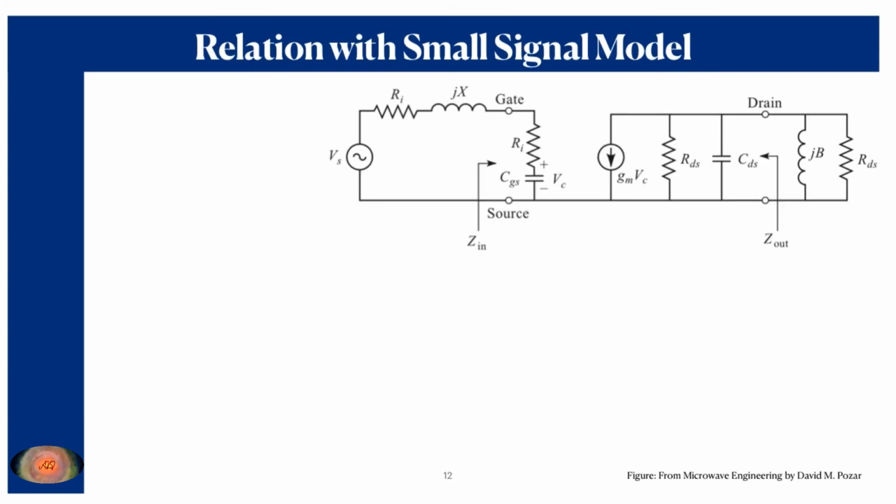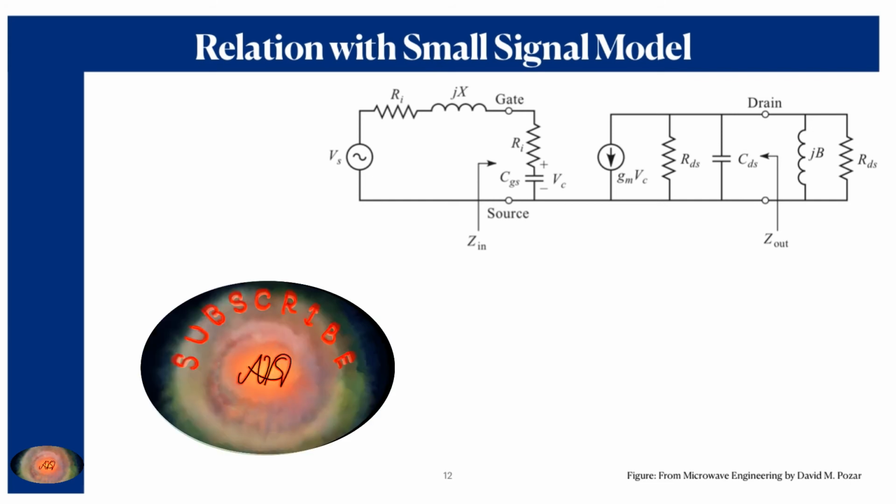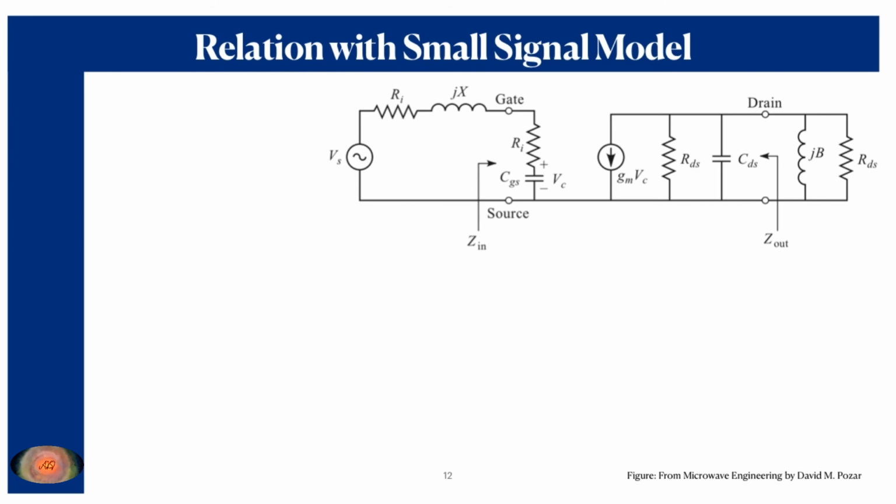Although the overall transducer gain of the amplifier was derived on the basis of the elements of the S matrix, which depends upon the reflected voltage amplitude and the incident voltage amplitude, you can also derive the transducer gain of the amplifier if you know the small signal model of the transistor.